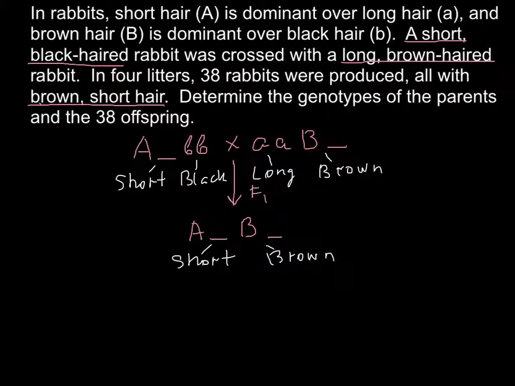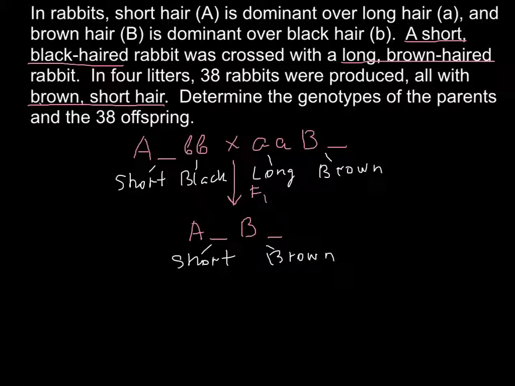In order to solve this problem, we can consider the two allelic pairs separately, one trait at a time. So here there are two possibilities: this allele is capital A, or it can be small a also. Let's start from the possibility that this is small a here.